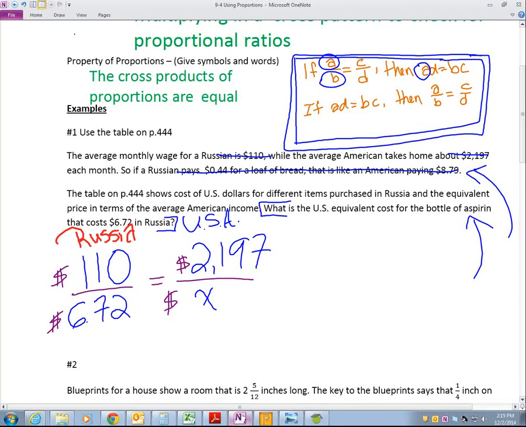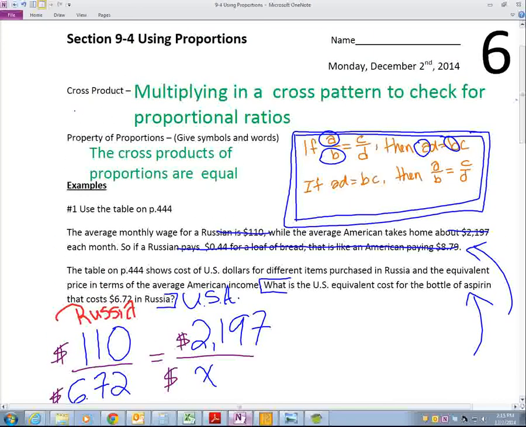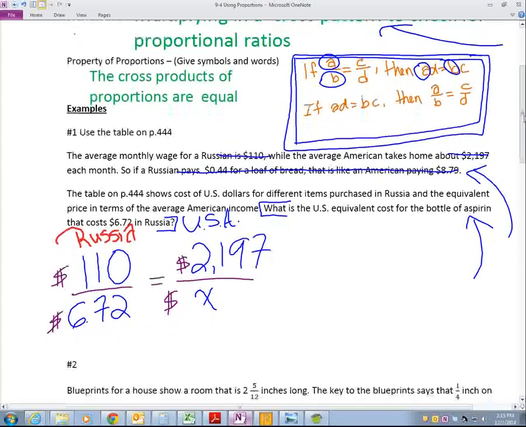So A D is equal to B C. So yeah, we're going to cross multiply because that's what it says right here. Multiplying in a cross pattern to check for proportional ratio.